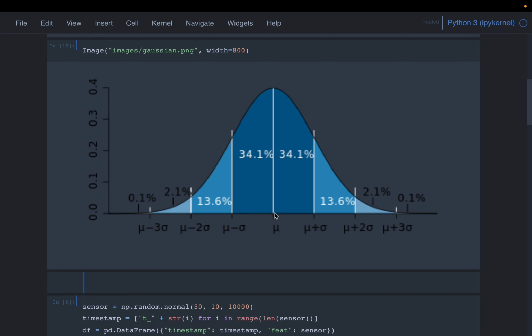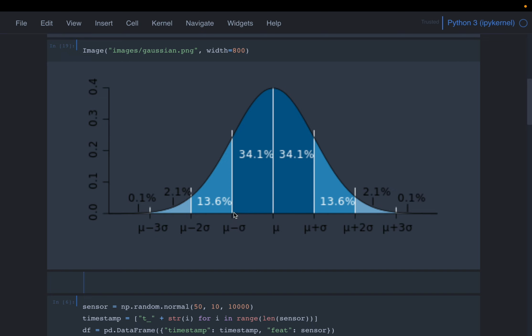For example, from the mean, if we take one standard deviation on the left and on the right side, that will cover 68.2% of the data. So here we have the mean, and on the left, we are looking at mean minus one standard deviation. This width covers 34.1% of the data, and similarly on the right hand side.